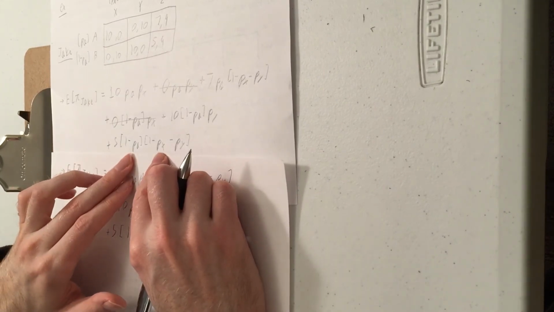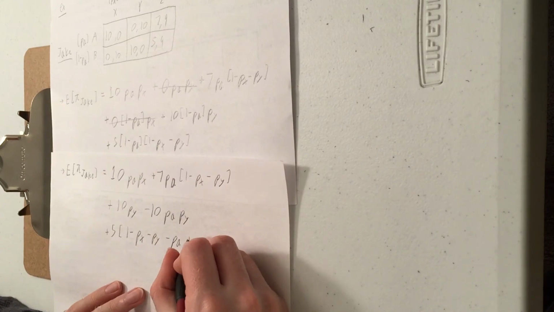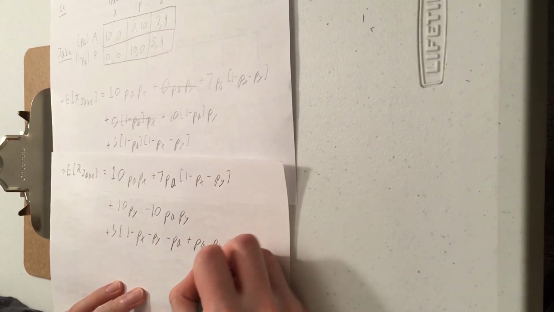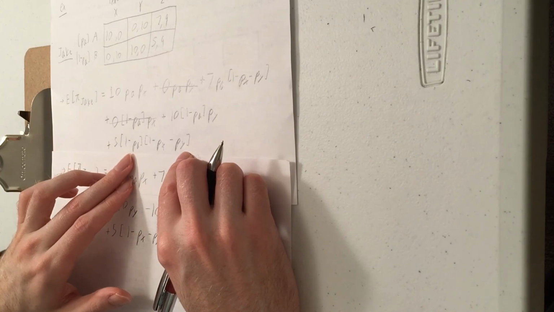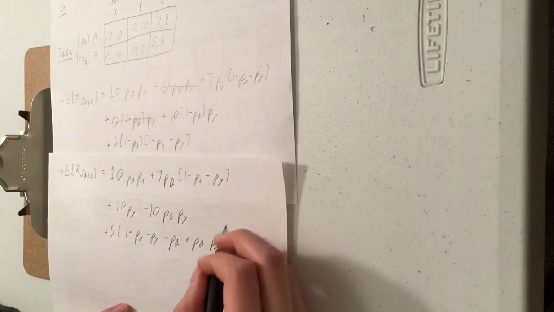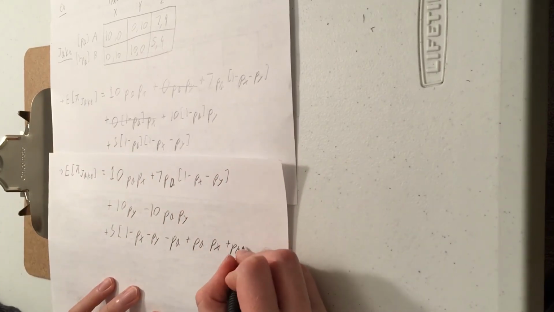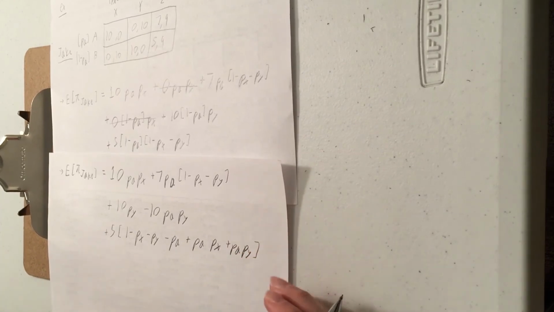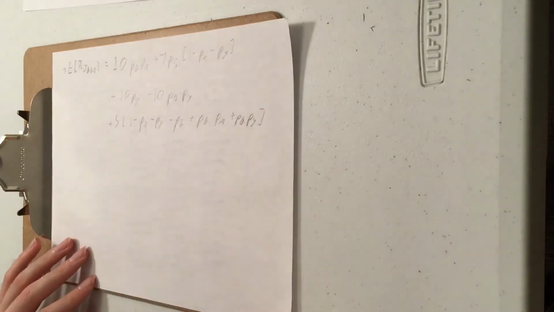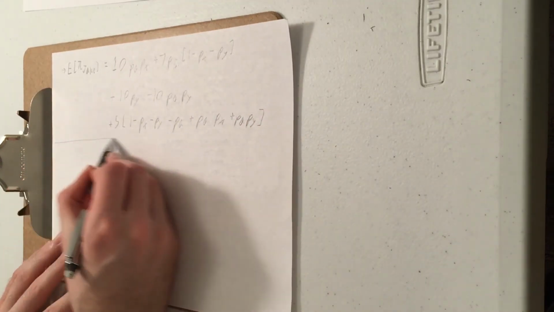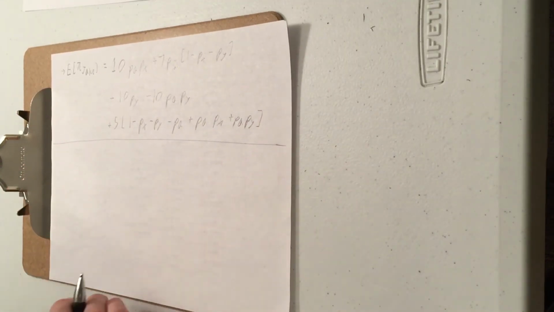Minus PA times minus PX is plus PA PX. Minus PA times minus PY is plus PA PY. So that's Jake's expected payoff.